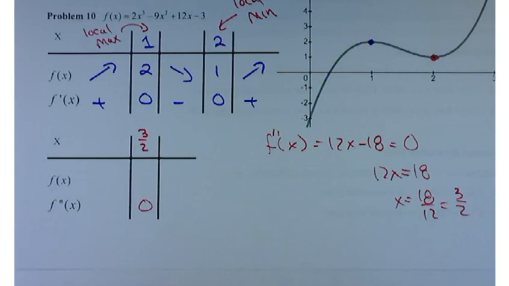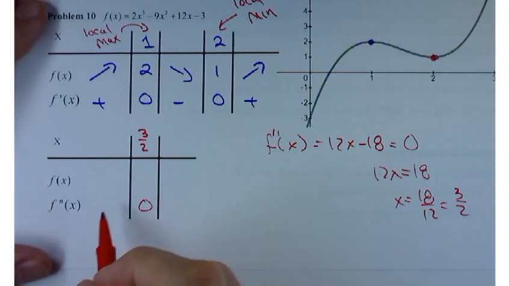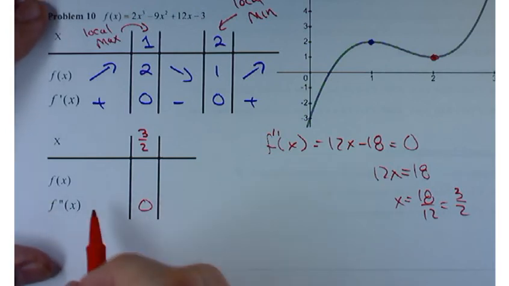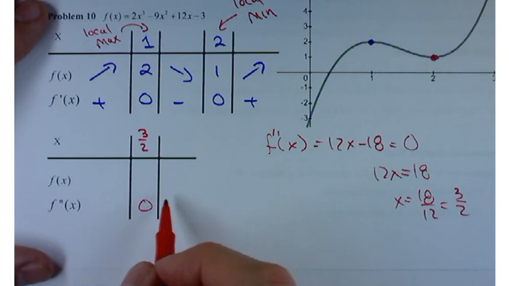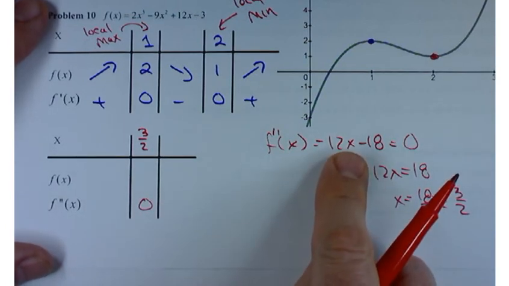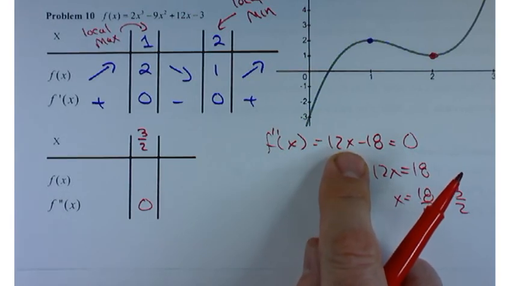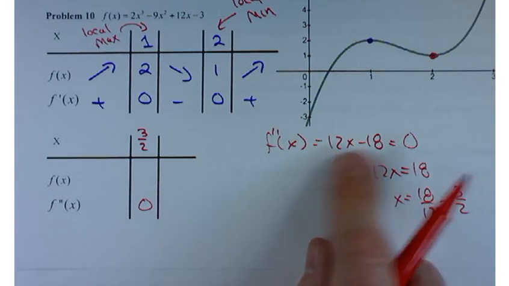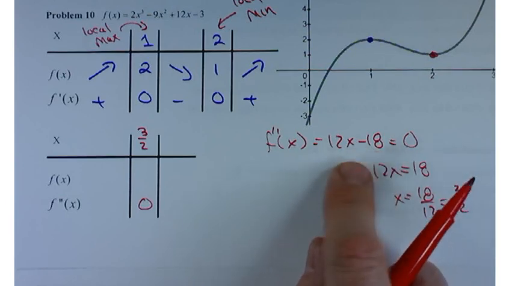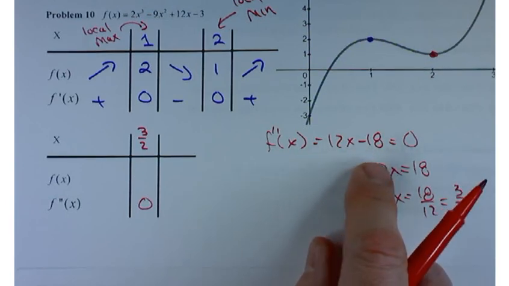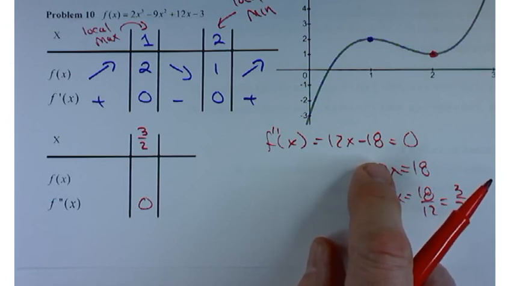Okay. And I need to test some points. I need to know what's happening around this. Now, I don't think I'm going to program it in my graphing calculator. If I put in, say, a 1, f double prime of 1 would be what? Negative 6, right? And the important thing there is not that it's actually negative 6, it's just that it's negative.